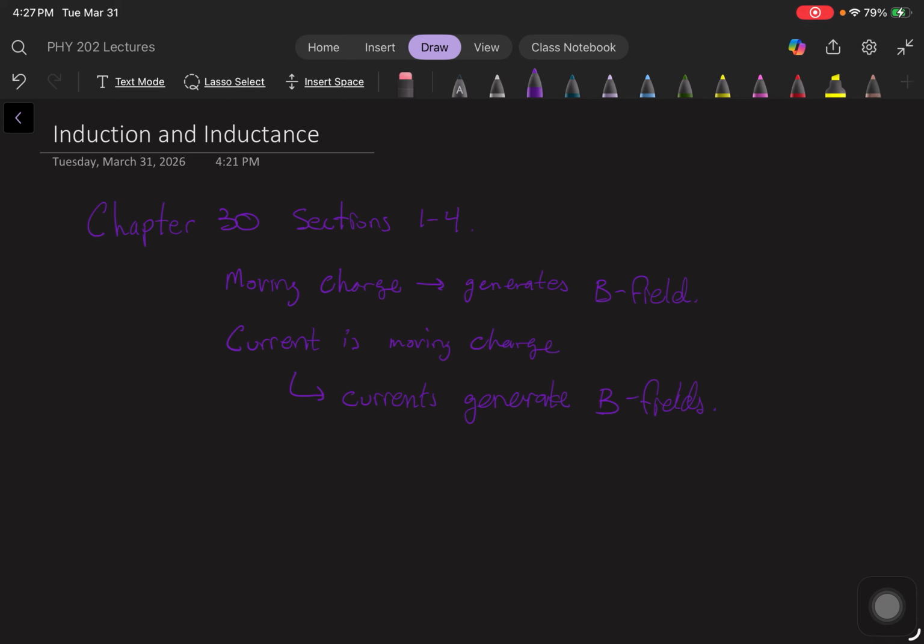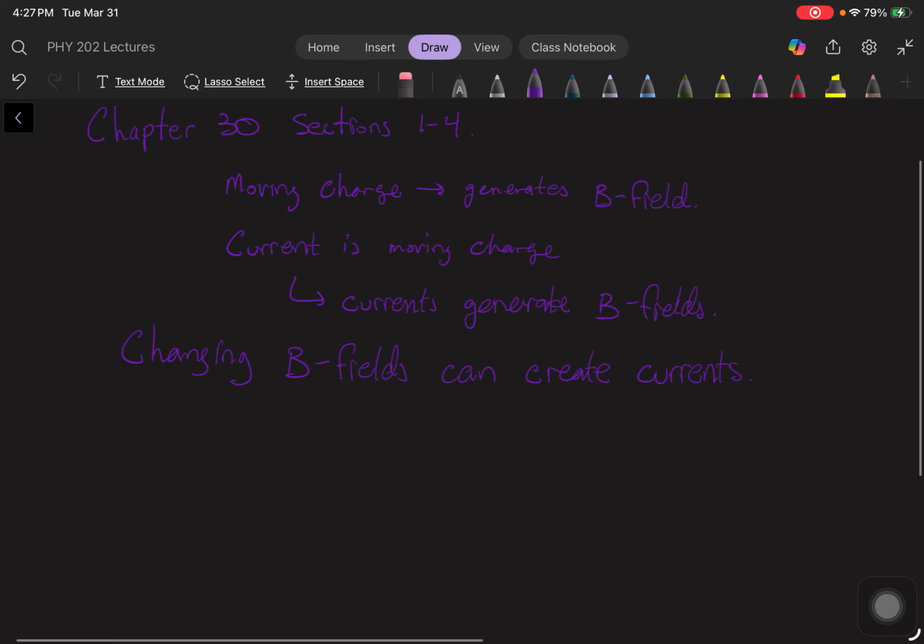But we can also say that changing magnetic fields can create currents. And so that's going to be the main idea for what we talk about today.